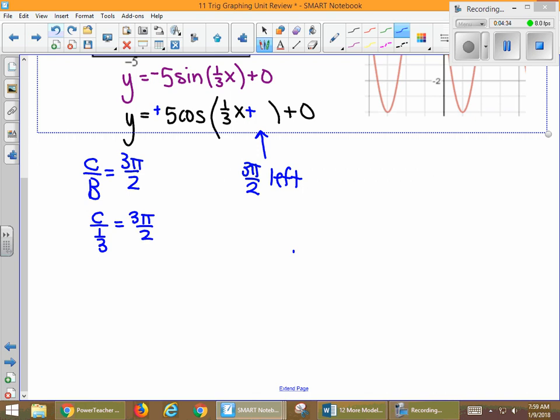And the way we undo division there to get C all by itself is to multiply. So I'm going to multiply both sides by 1/3. And there my 3's cancel. So I end up with pi over 2. So if you don't have any parentheses there, that has to be a pi over 2. If you have parentheses, it can be a 3 pi over 2.